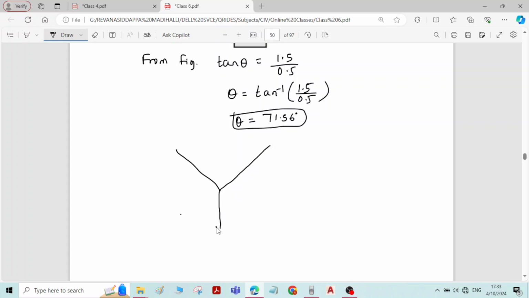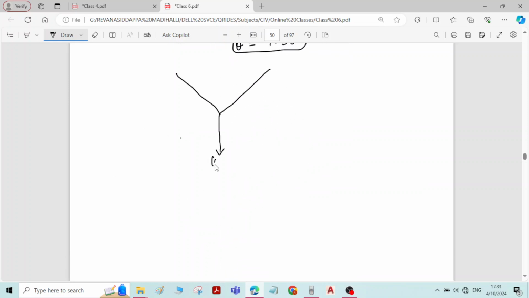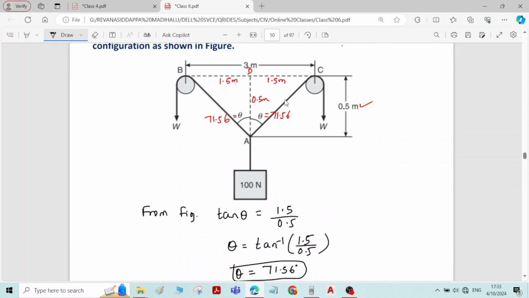Now I'll write the free body diagram for this. Here the force is 100 Newton. And on both sides, what is the force we have in the cables? We have the force of W on both sides.